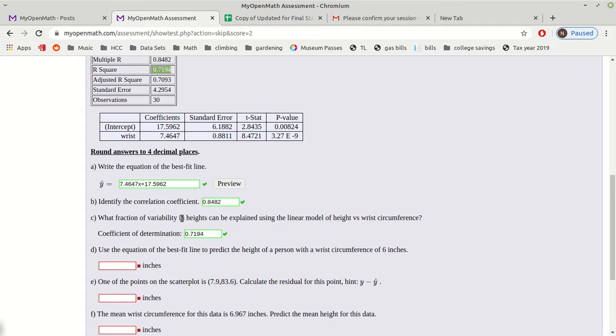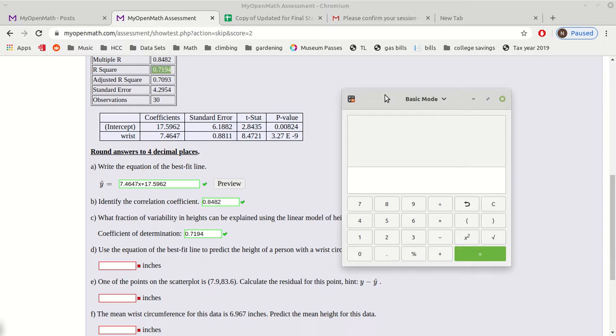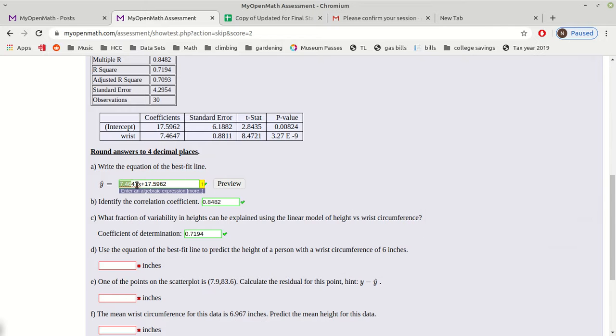So here we're going to go back to our equation. Let me get my calculator. I'm going to go back to this equation and type, instead of x, I'm going to type in 6. So let's do that.